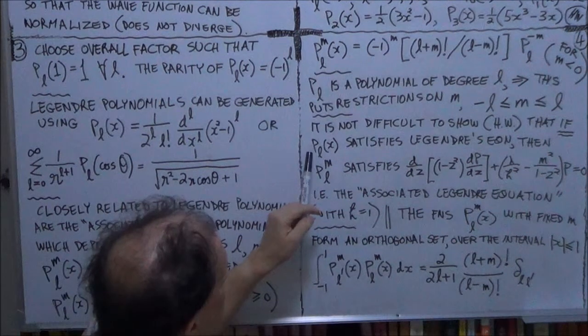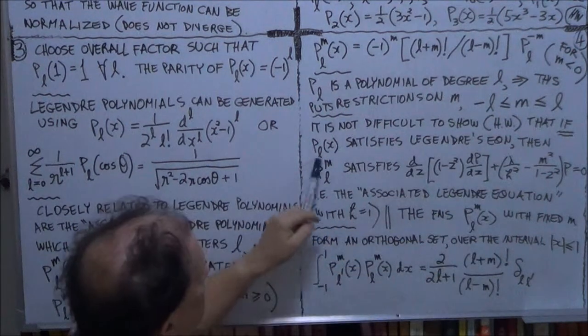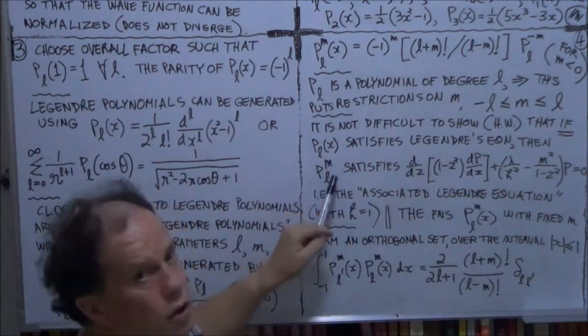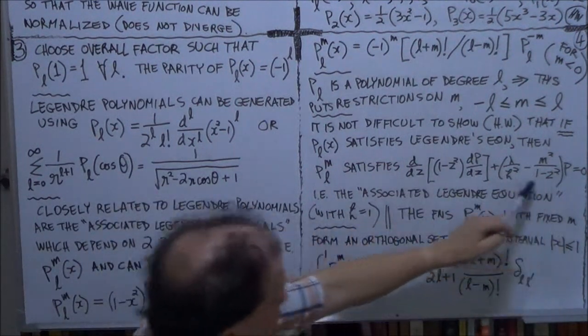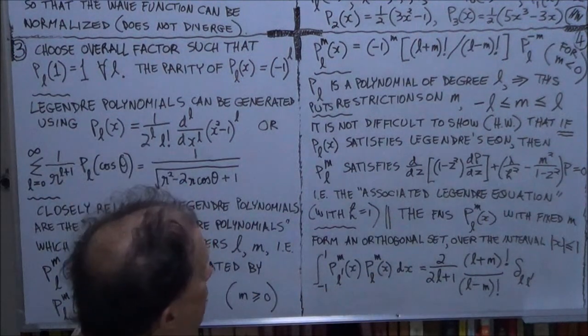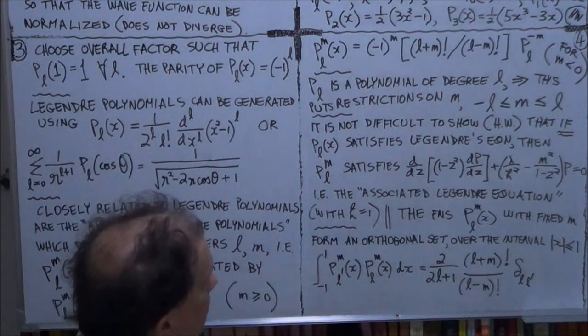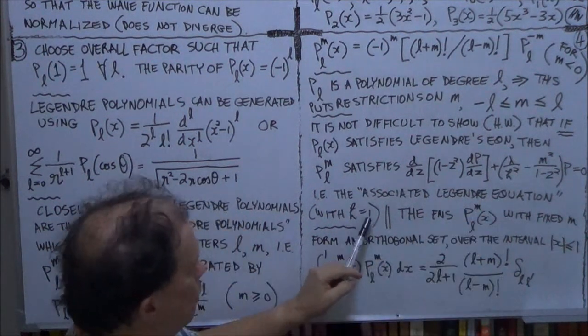You're assuming that P_L satisfies the Legendre equation, and therefore this associated Legendre polynomial satisfies the associated Legendre equation. Okay, so prove that. With one simplification, you're assuming that h bar is 1.